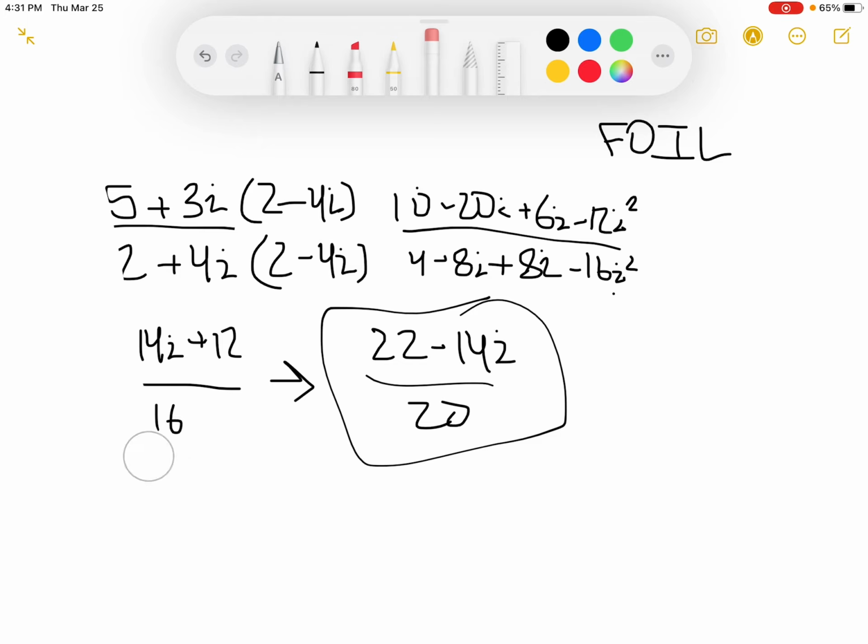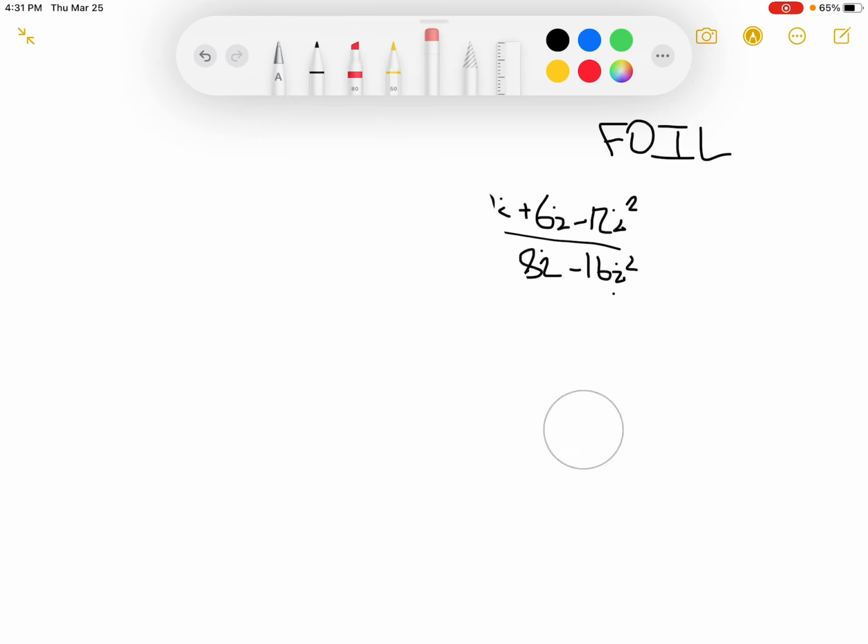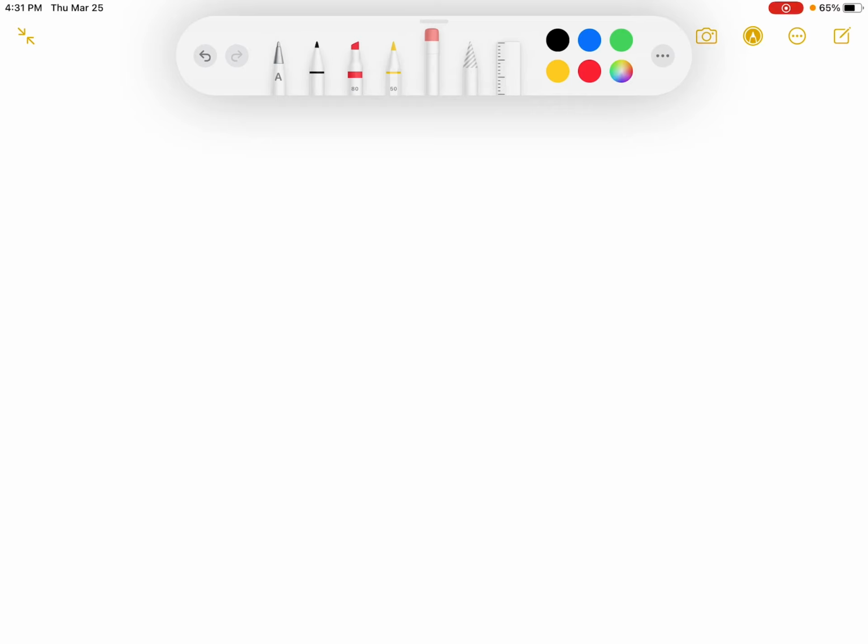So that was our fourth one. The last one that you have to do is simplifying radicals. So let's say we had the square root of, I don't know, just a random number. I'll just do -31.